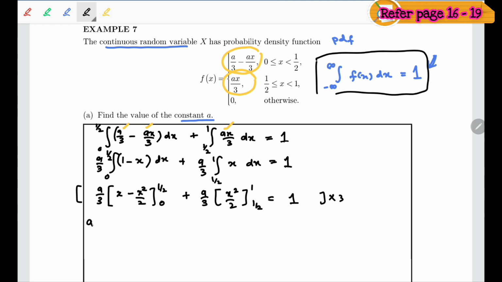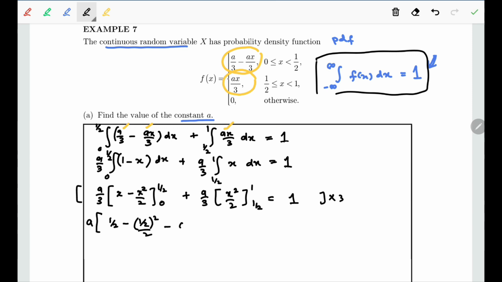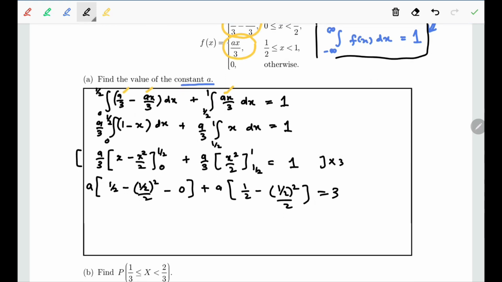So we're going to have a multiplied by the substitution of the limit, which is 1 over 2 minus 1 over 2 squared over 2, minus the substitution of 0, plus a multiplied by the substituted limit, so we get 1 over 2 minus 1 over 2 squared over 2, equals 3. Okay, so the rest is just simplifying, and you should simplify every single thing that we have right now. So at the end, you will get a is equal to 4 as the final answer.